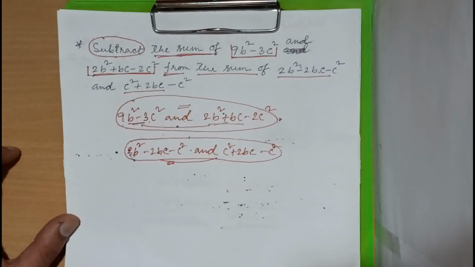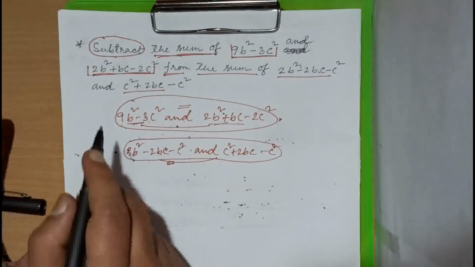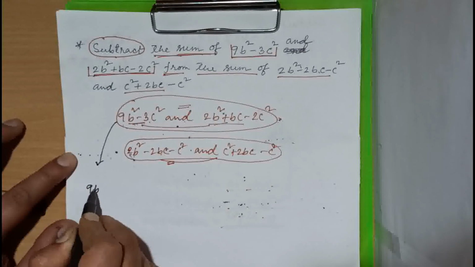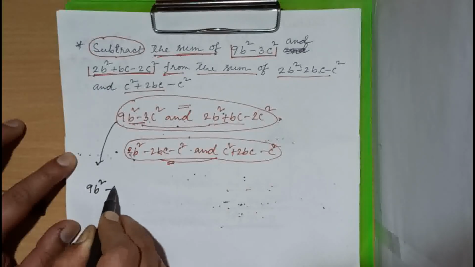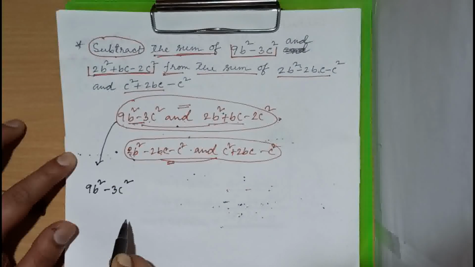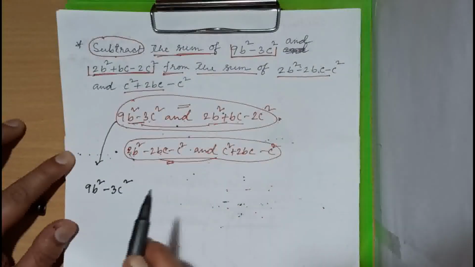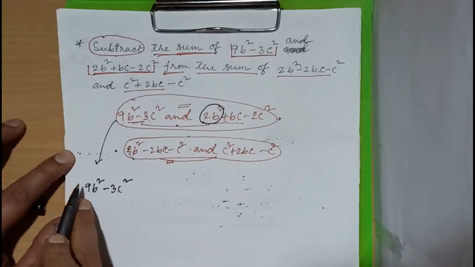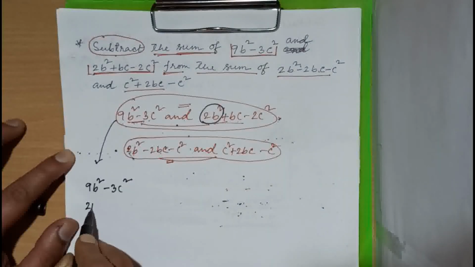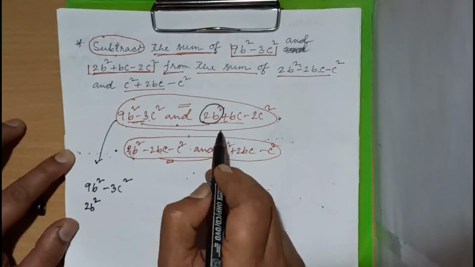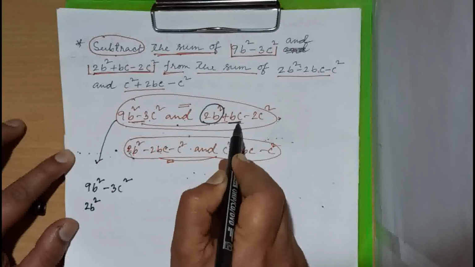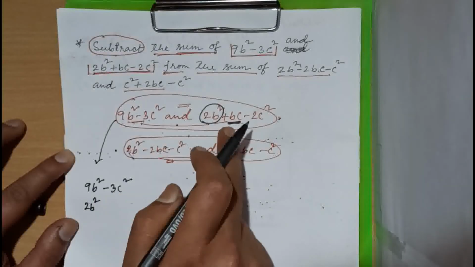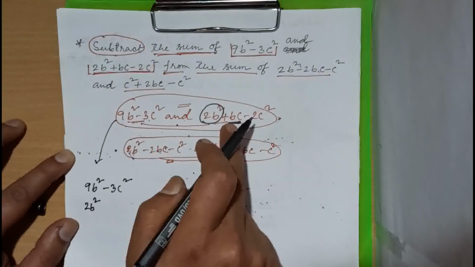So let us find the sum. For that, first we will find the sum of this, 9b square minus 3c square, and we will add this one. Now you see, this is like with this, so we will write here this one, bc. There is no bc term, that means no term is there which is like with bc.